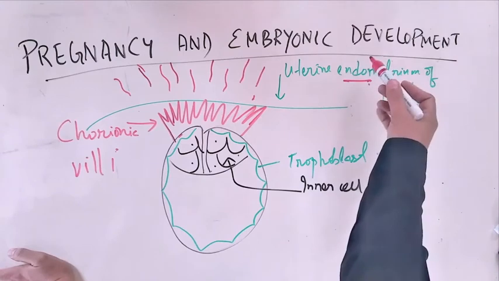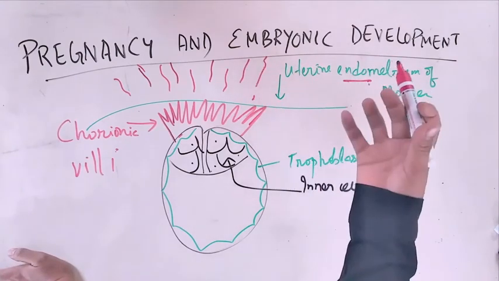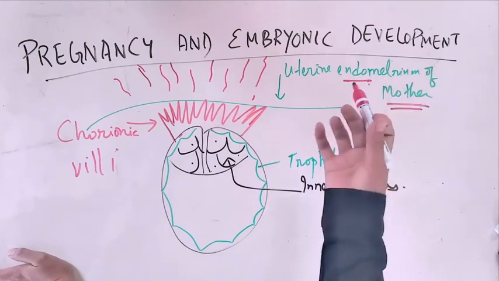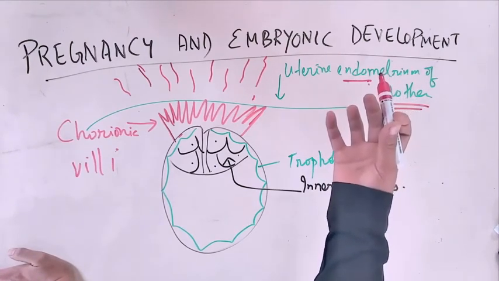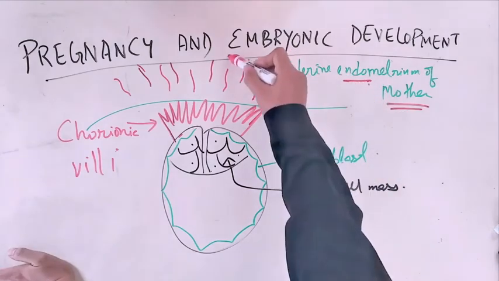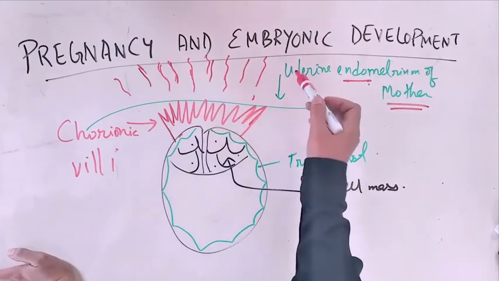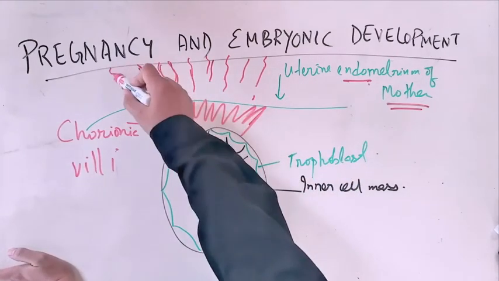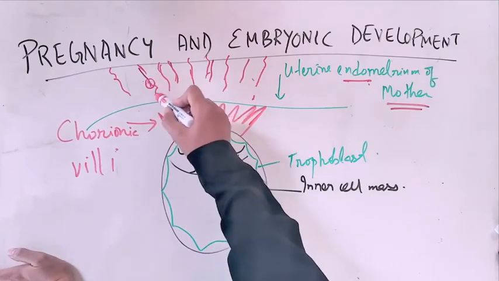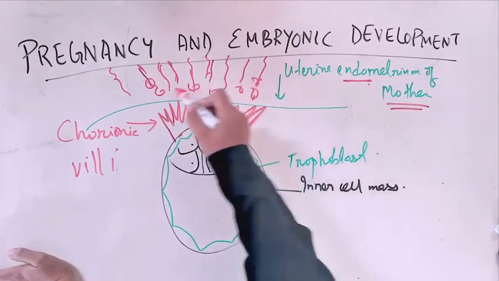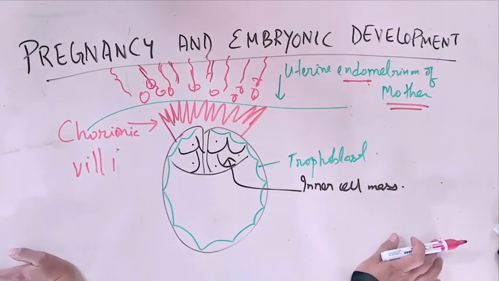But if there is fertilization, it will become thickened because of the progesterone, which is released in huge amounts, so that it will be able to hold the baby for 9 months. So the uterine blood vessels and the chorionic villi will join.